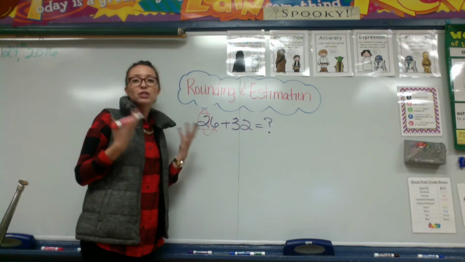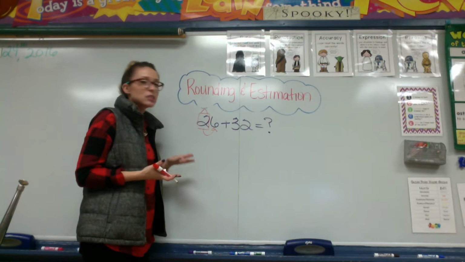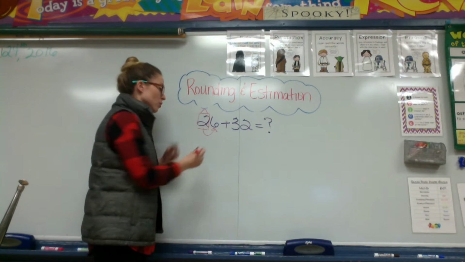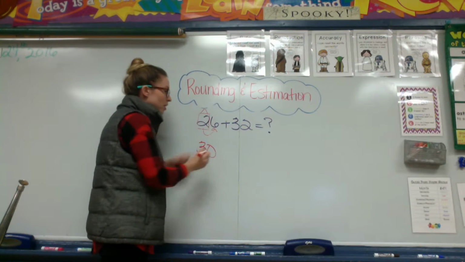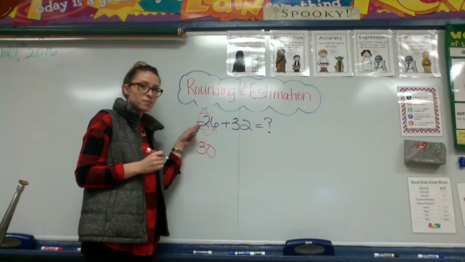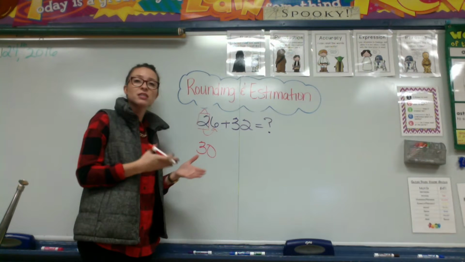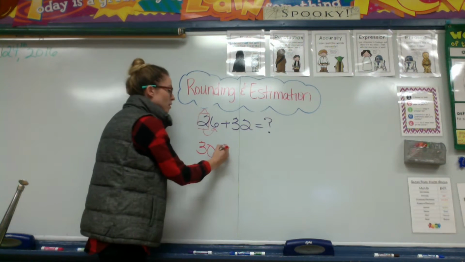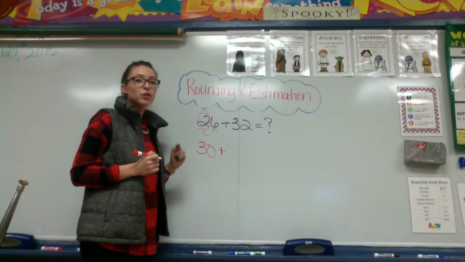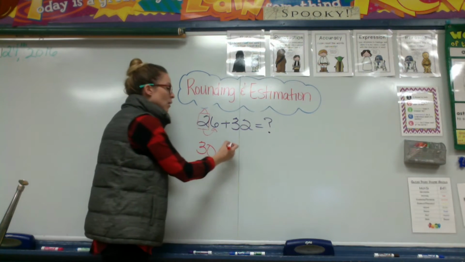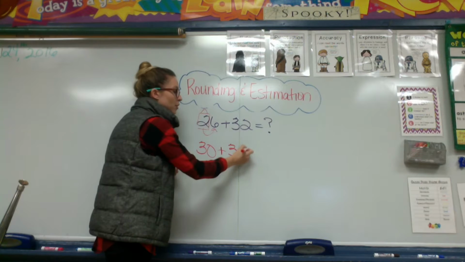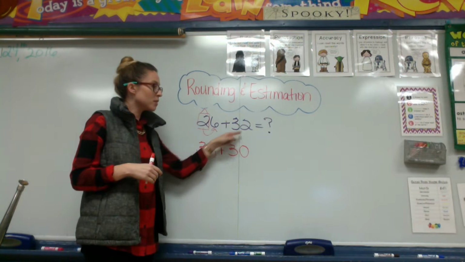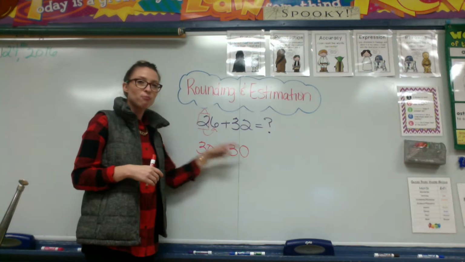So I'm going to do this mentally off the top of my head just to save time. So we know that 26 would round up to 30 because 6 is a strong arm. And if we drew out a number line, 26 would be much closer to 30 than it is to 20. Okay, in the next step, let's round 32 to the nearest 10. That we know would also round to 30 because 2 is a weakling, 3 remains the same, and the digit turns into a 0.